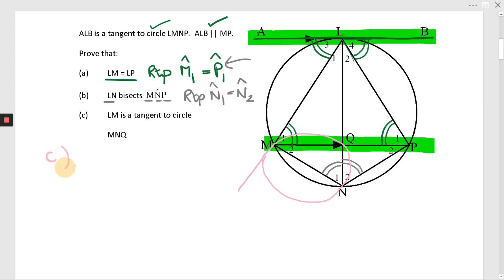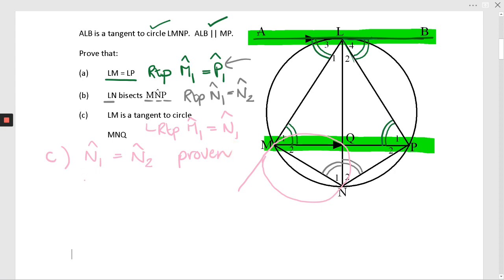So for question C here, I am actually required to prove that M1 equals N1. Okay, but I've already got all of those things together. So I'm going to say, but I've just actually proved that N1 equals N2, and that is proven in question B, right?